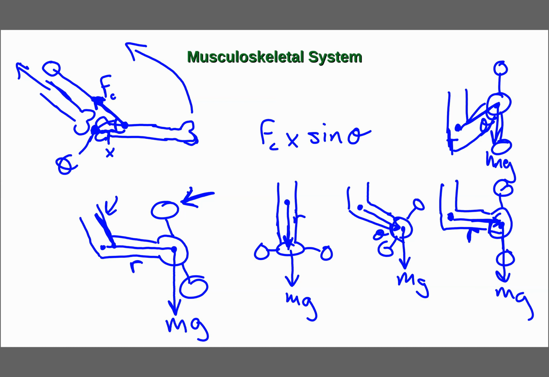And so as I go through this motion of trying to bend my elbow with some kind of mass in my hand, the torque on my arm is changing all the time. And the torque that my muscle applies, the bicep muscle applies, has to be at least the torque of whatever's in my hand in order for my arm to bend, right? In order for the angular acceleration to cause rotation in this direction, right?